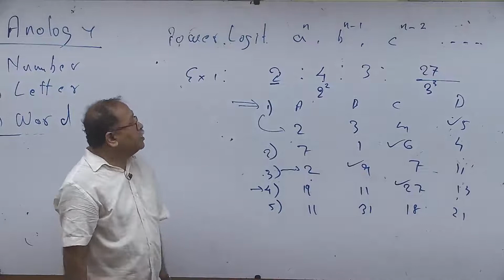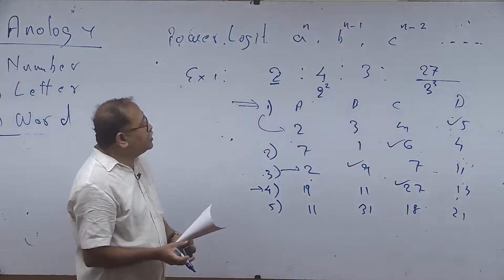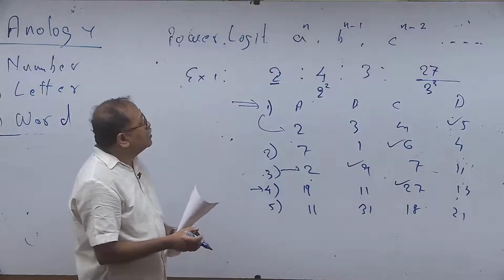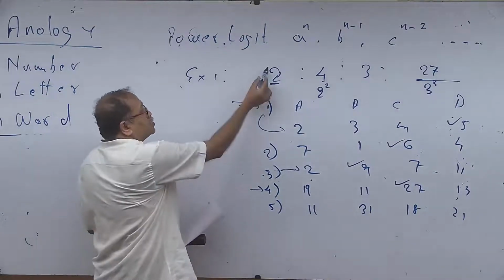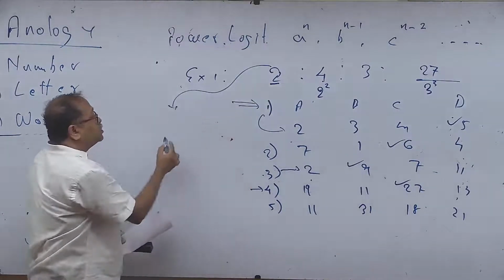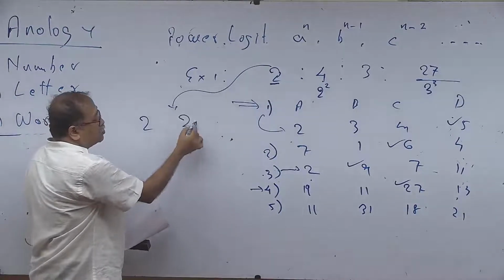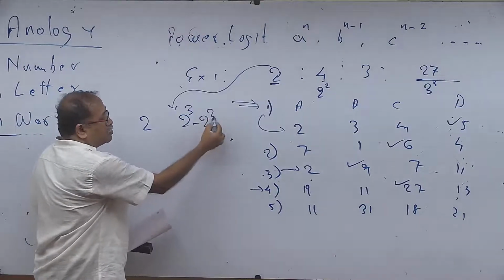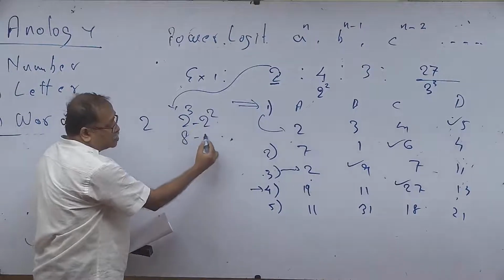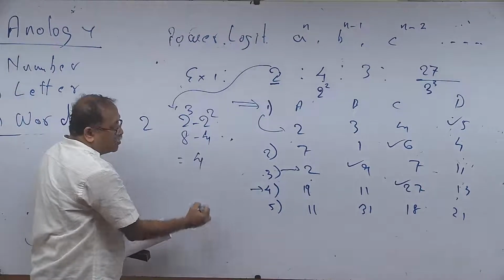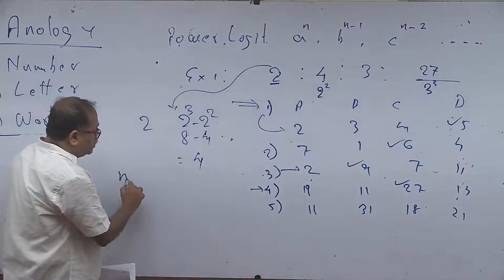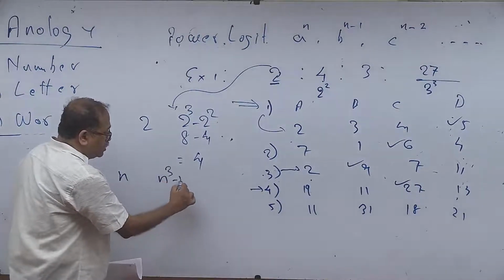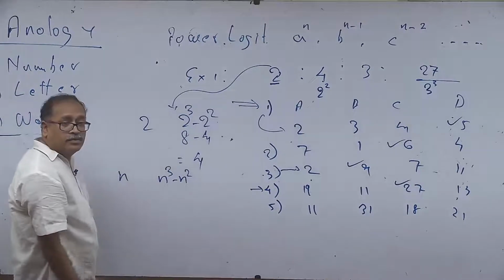Okay, 18. How did you get 18? 2 cube minus 2 square. Yeah, that's right. So this is 2 and this is 2 cube minus 2 square. 2 cube is 8, 2 square is 4, which is 4. So if this is n, this is n cube minus n square.